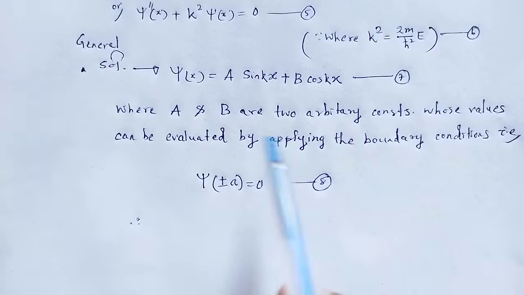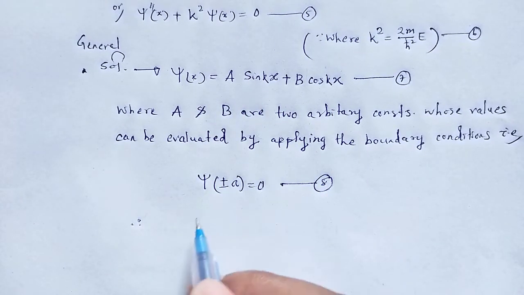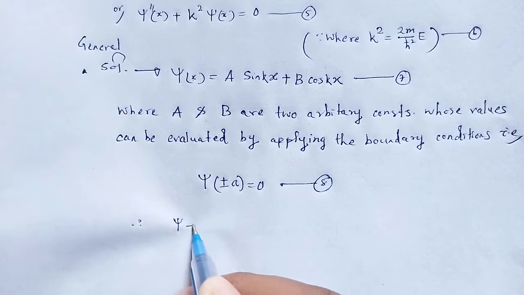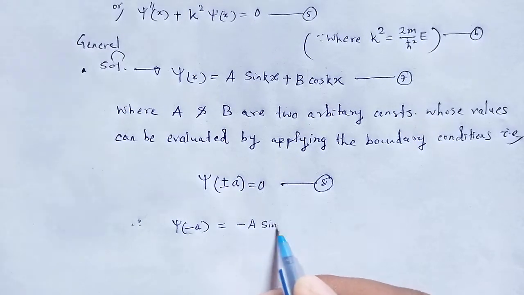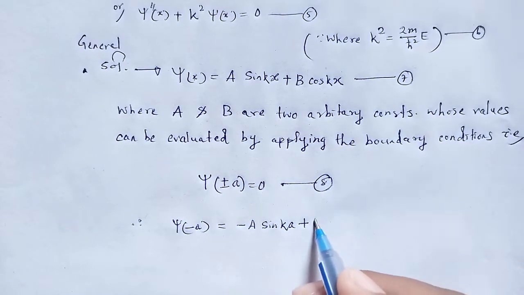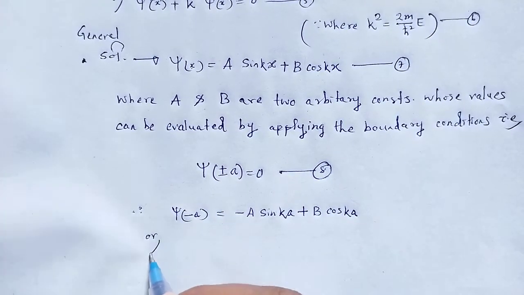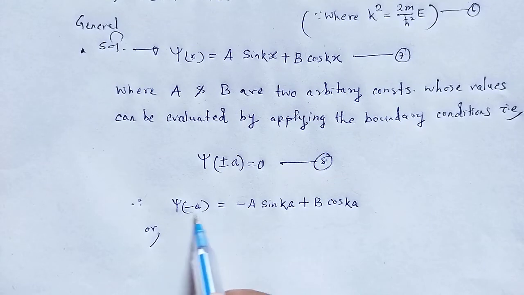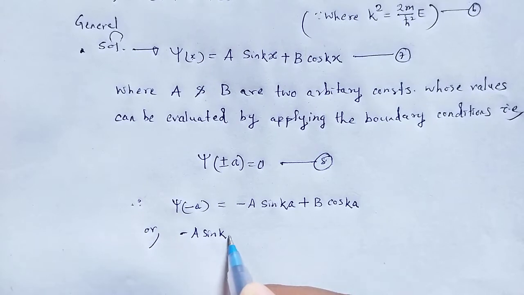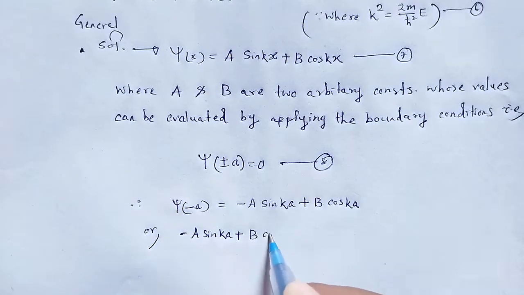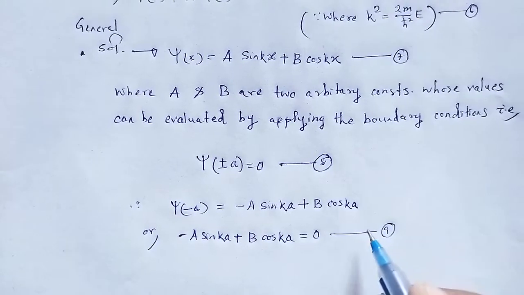When we implement minus a for x, psi at minus a, we get minus a sin ka plus b cos ka, and that value will be 0. Therefore minus a sin ka plus b cos ka is equal to 0, that is equation number 9.